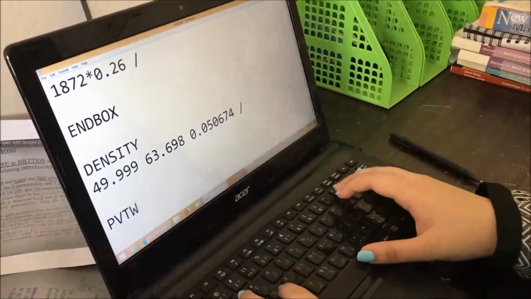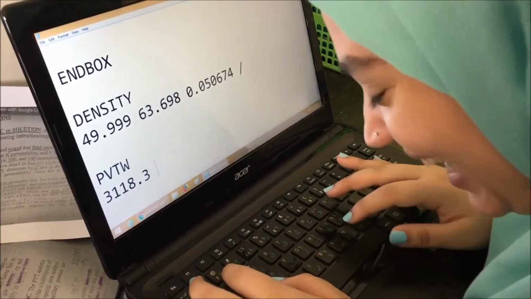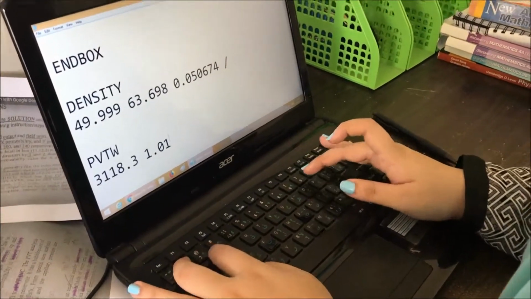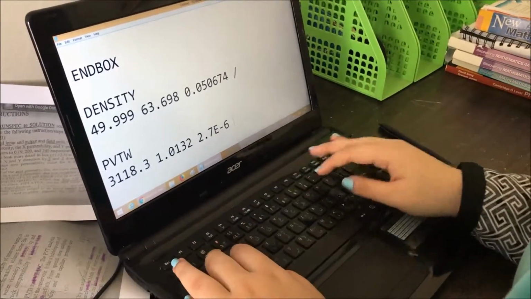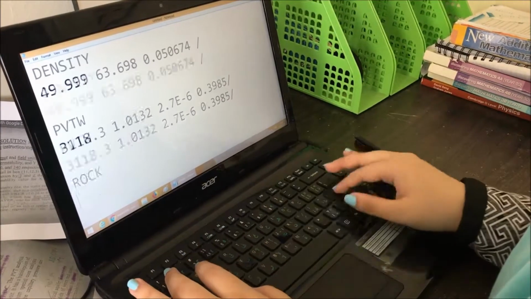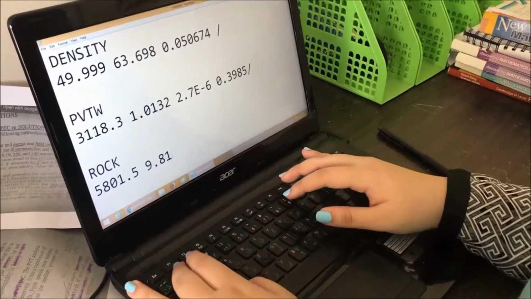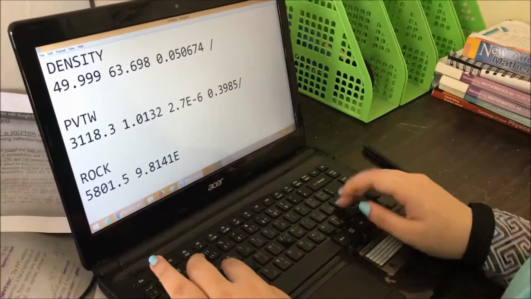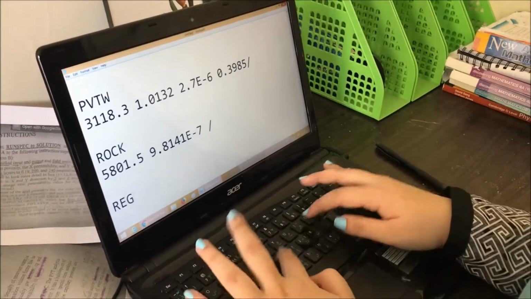For the density, we use the keyword DENSITY and add the values given in the question, while for PVTW, we include the water formation volume factor at the given pressure, as well as the rock properties under the keyword ROCK and the values that have already been provided.